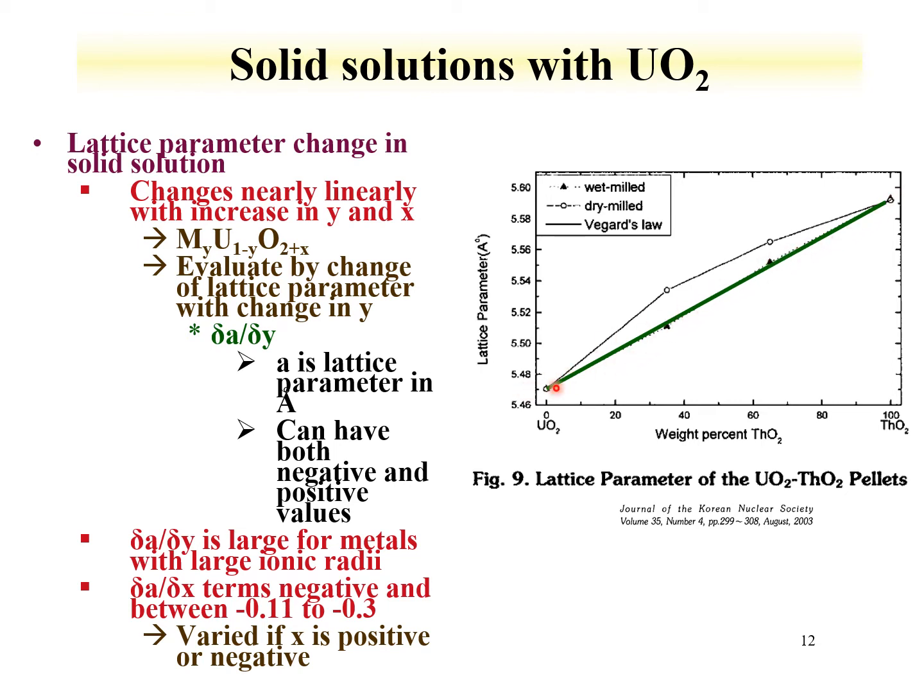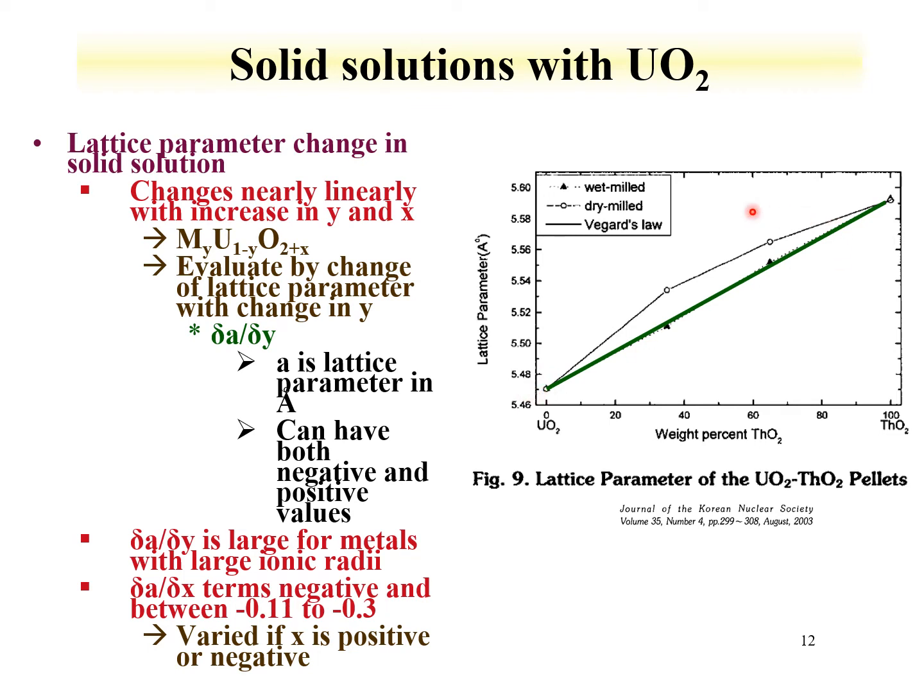This is called Vegard's law between uranium dioxide and thorium dioxide. This is weight percent thorium dioxide, so here's 100 weight percent uranium, 100 weight percent thorium. This is the lattice parameter for thorium dioxide, and this is the lattice parameter in angstroms for uranium dioxide.